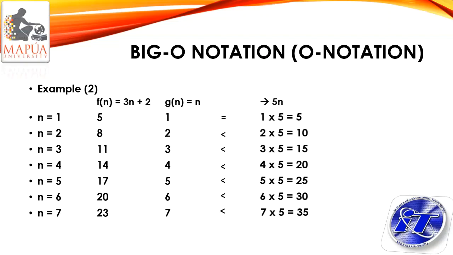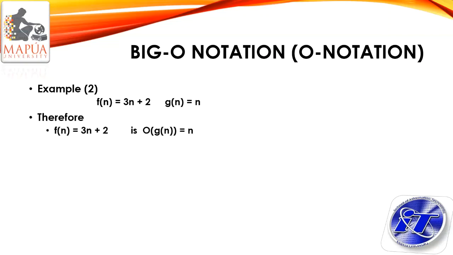It's a family of n. To make this true, c is equal to 5, the multiplier for our g at n, and n0 is 1, and beyond 1, c times g at n will become bigger compared with the function f at n.